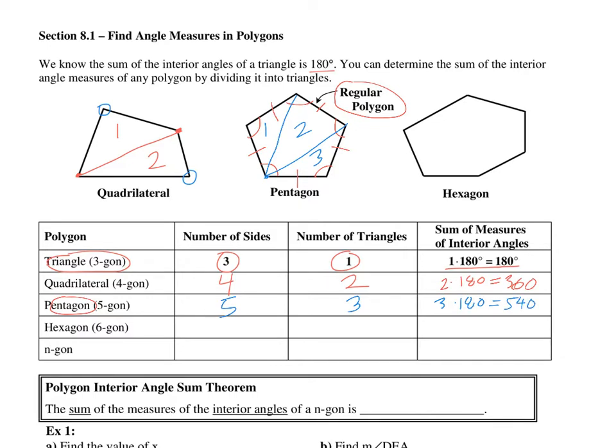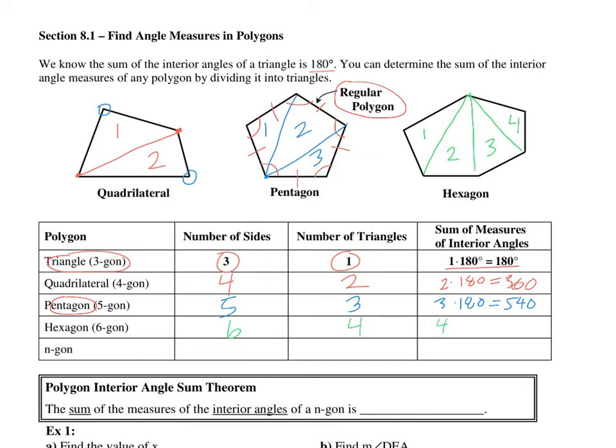Let's move on to the hexagon. Same deal. I'm going to start at any vertex and draw segments to the non-adjacent vertices. How many triangles do I have? 1, 2, 3, 4. How many sides does a hexagon have? 6. How many triangles was I able to fit inside that hexagon? 4.